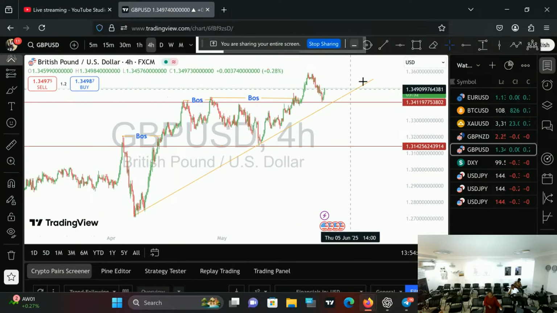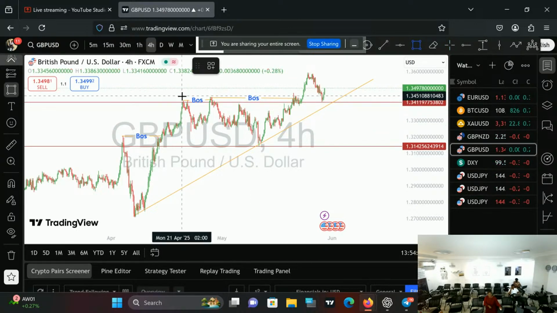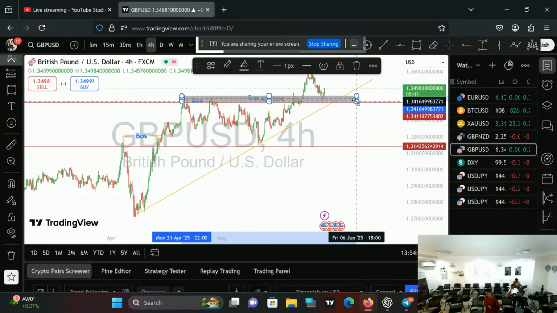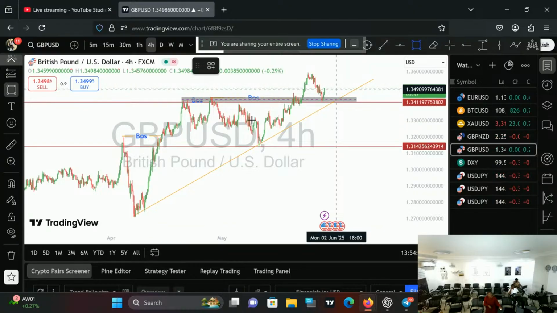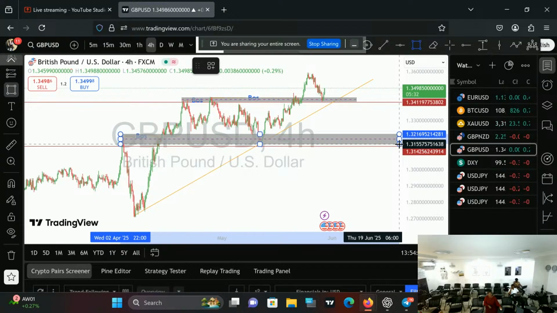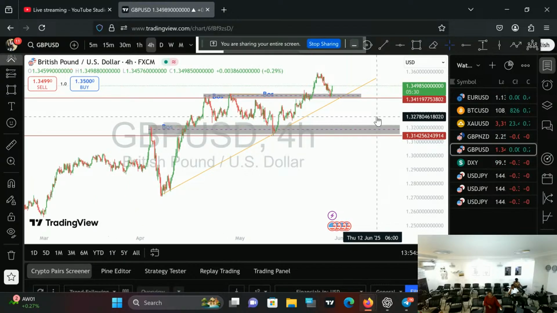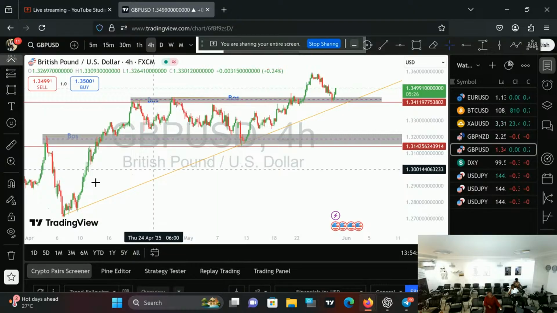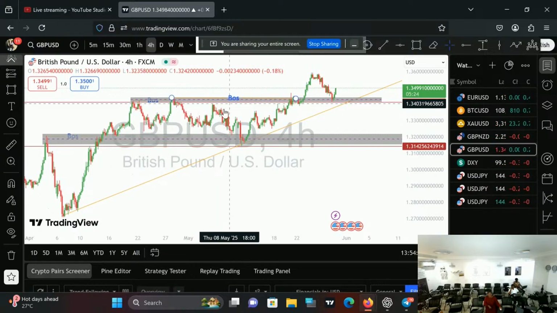Take notes. And also, we have a major resistance level here. We have a resistance level there, and we have a support level here. So we already see that this market moved up, broke this structure, came up here, broke structure here again.